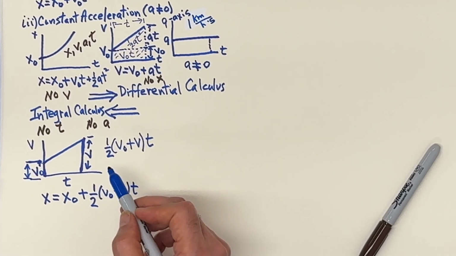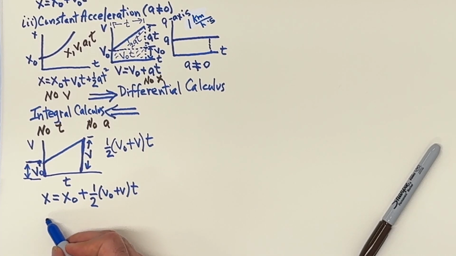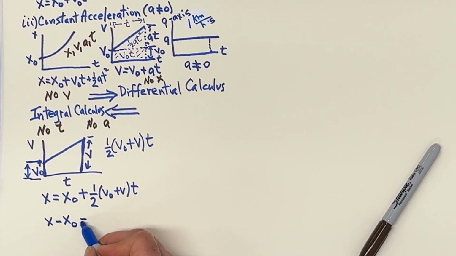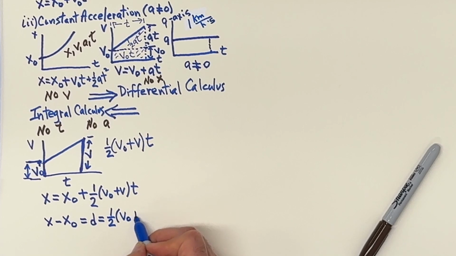Well, what about one with no t? Now, I like to write this one with x minus x naught as the distance traveled, d. That kind of simplifies it a little bit notation-wise for me. And you always could put in the x minus x naught for the d.